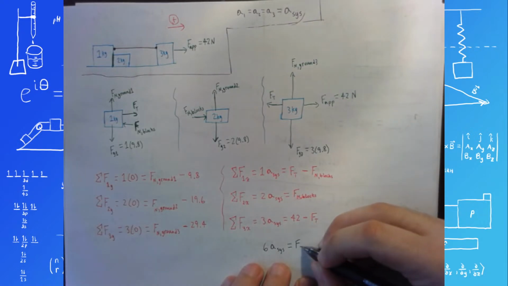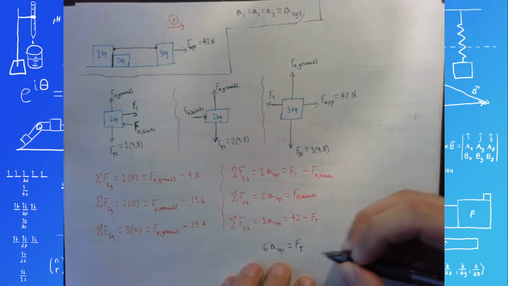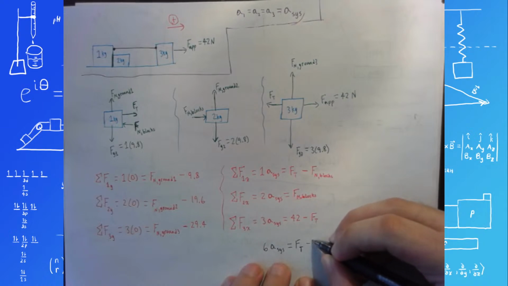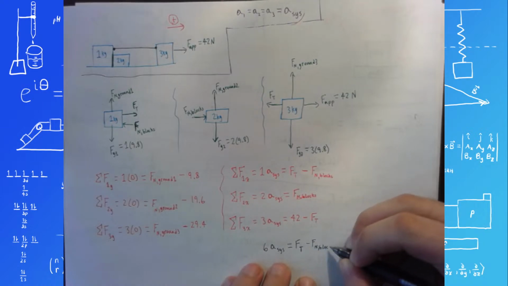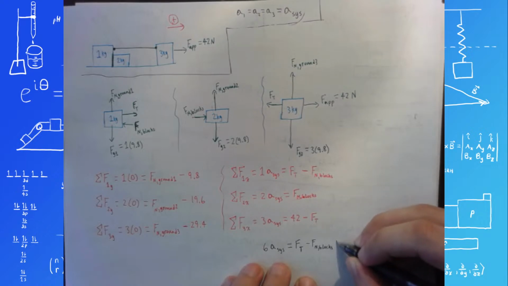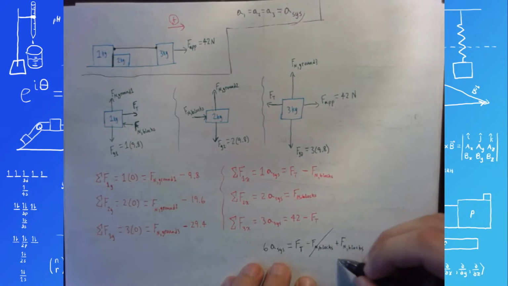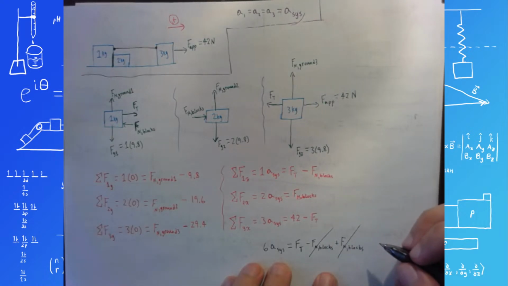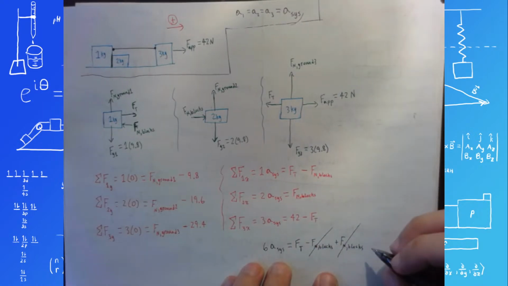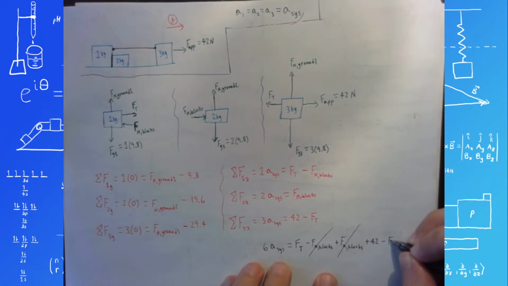I'll write it all out. So force tension minus normal force blocks, that's what we get from the first equation, plus normal force blocks, these get eliminated. And then from the third equation, we add 42 minus tension force.